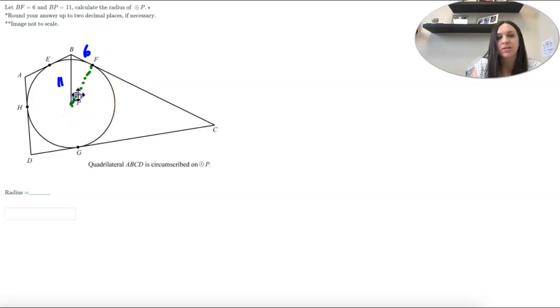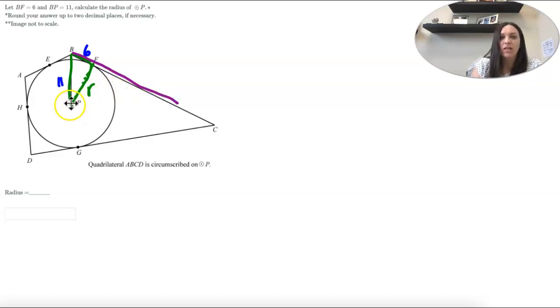So this goes from the center to the edge of the circle. That's called the radius. And there's lots of them all the way around the circle. But we're going to use this one because it goes to the side and it gives us these other lines that we know. So what just happened, I have a tangent line here.